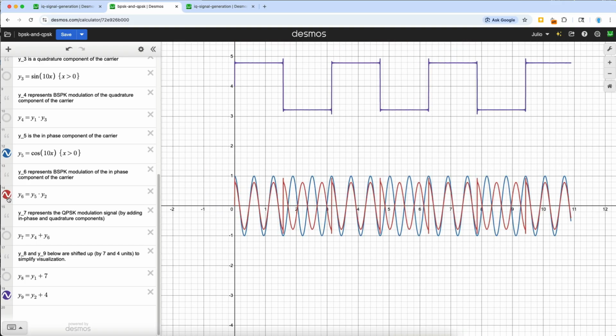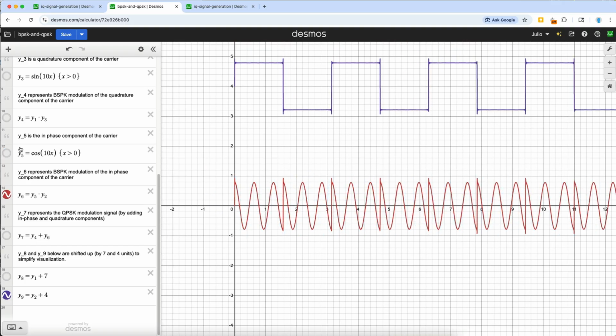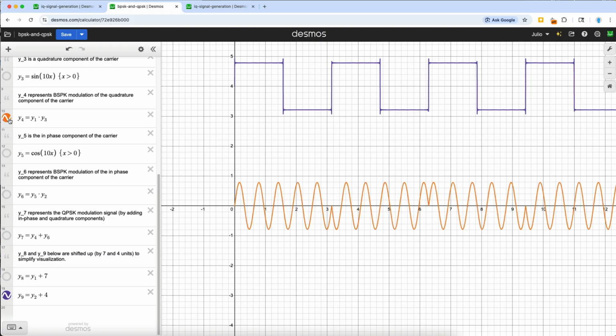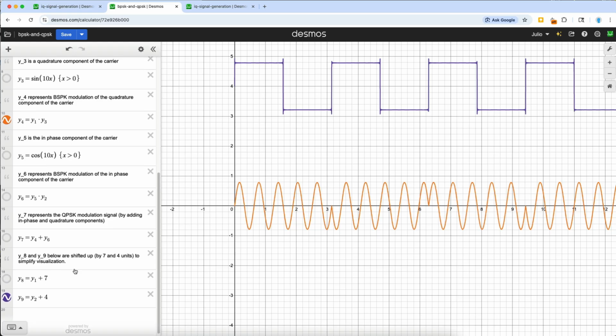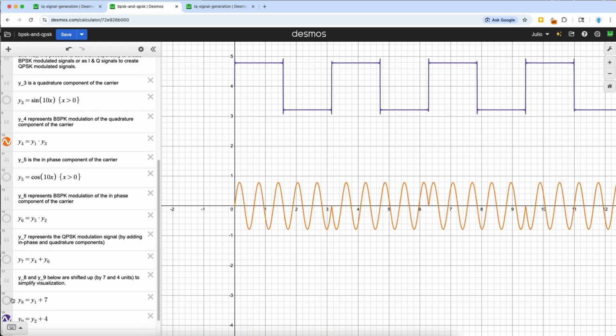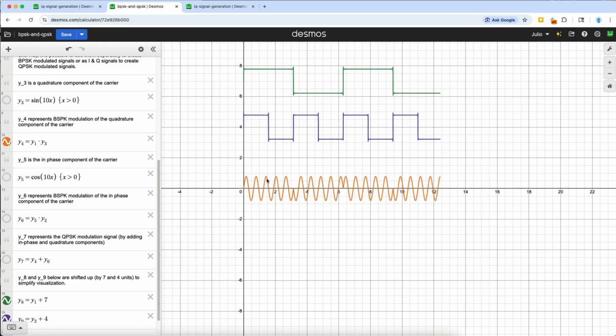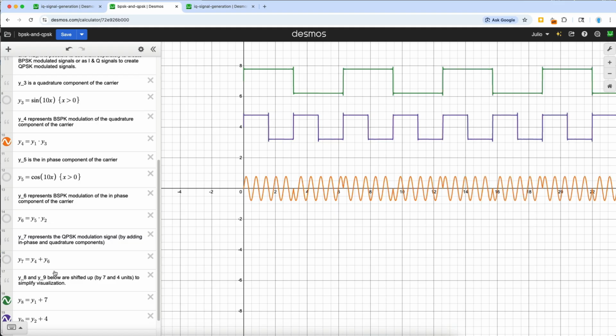So notice what we have done here. We have modulated our sine wave with BPSK, this here, with symbols that last a little bit longer. Let me plot both symbols there. The green symbols modulate the carrier, resulting in the orange waveform right here.